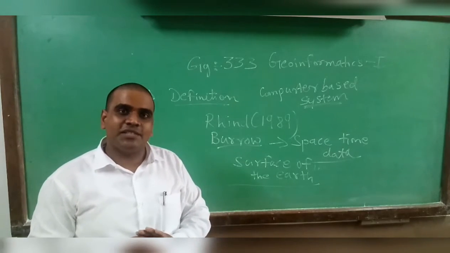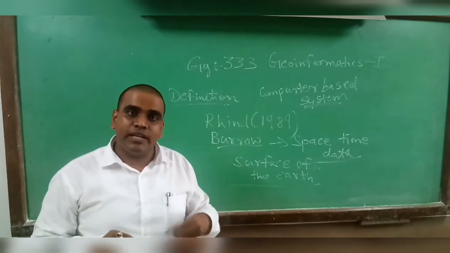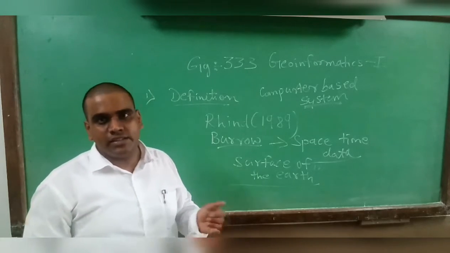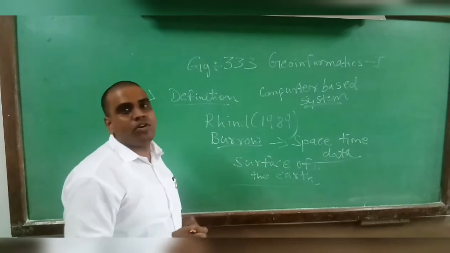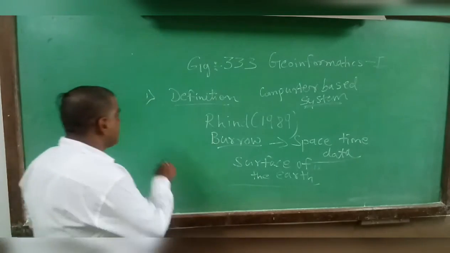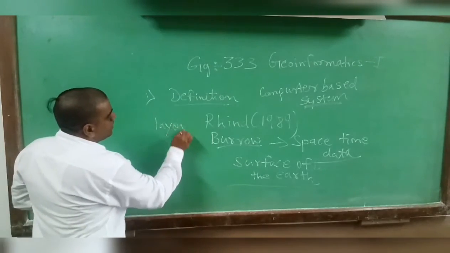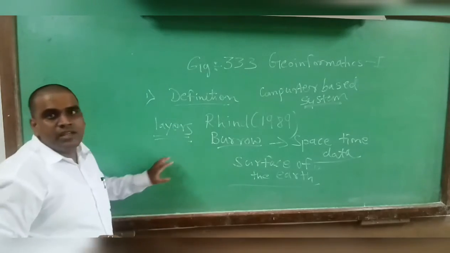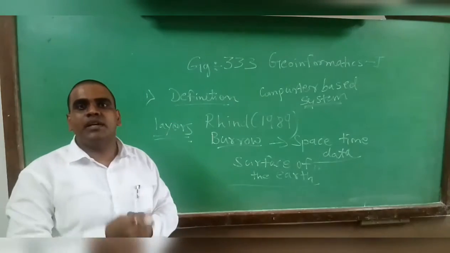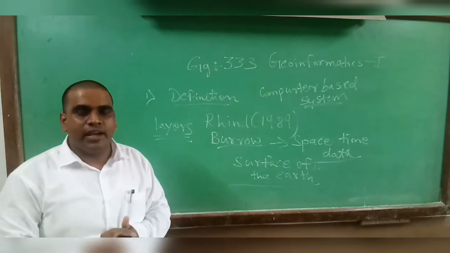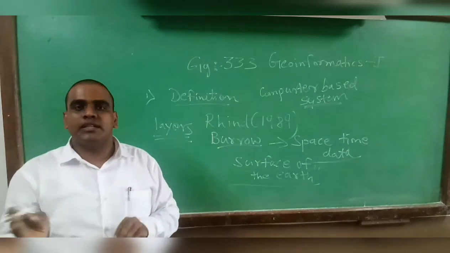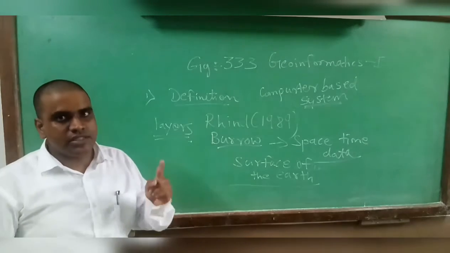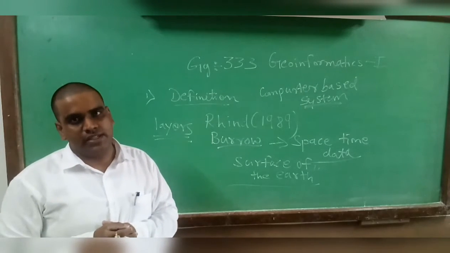But in a GIS system it is very effective and easy to understand. Actually, GIS works on layers of feature information. This is very important. Each and every feature can be made in the form of layers, and those layers can be retrieved and you can study a specific layer of information separately. This is a very important aspect of GIS.